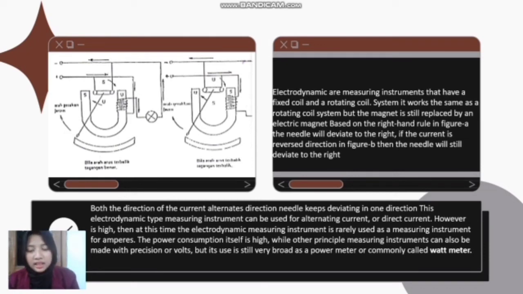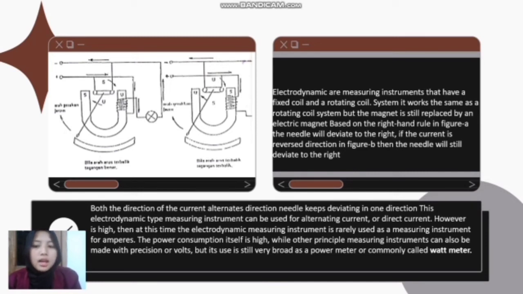However, the power consumption is high, so at this time the electrodynamic measuring instrument is rarely used as an ammeter, while other principal measuring instruments can also be made with precision.